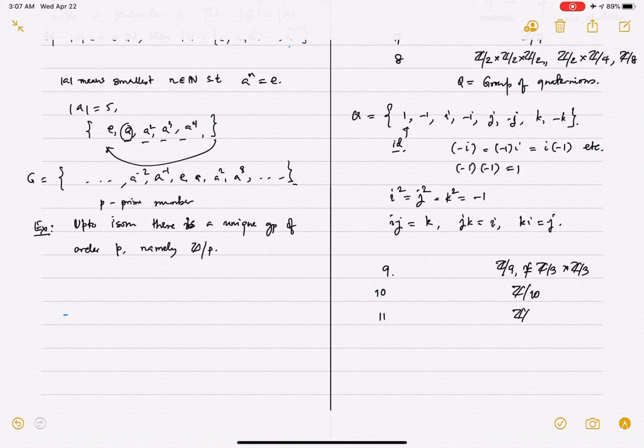Order 11, 11 is a prime. Order 12, you have quite a few. You have Z mod 2 cross Z mod 6, Z mod 12. I probably wouldn't enumerate all of them either.